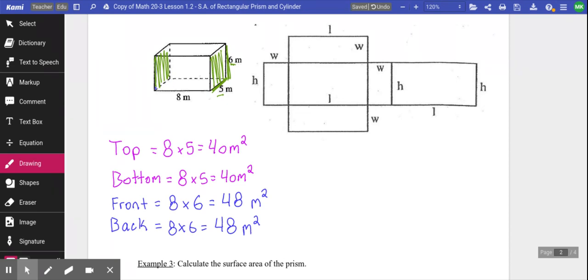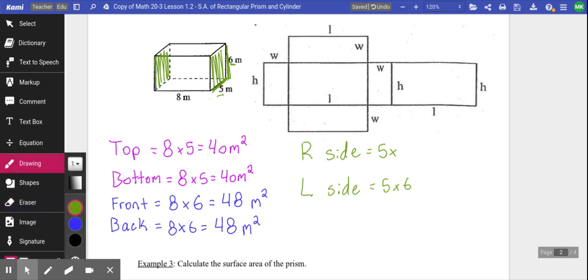So I'm going to say the right side equals 5 times 6. The left side would be the exact same, 5 times 6, for 30 meters squared.